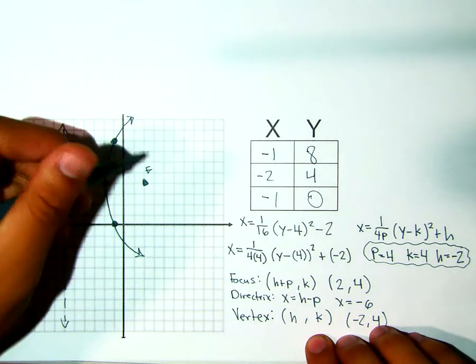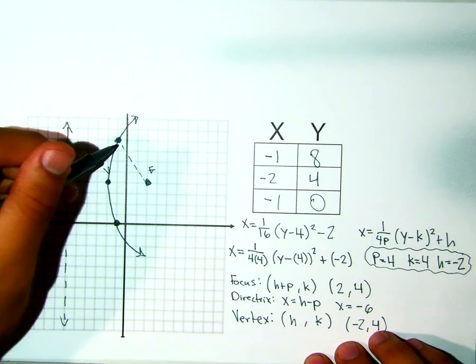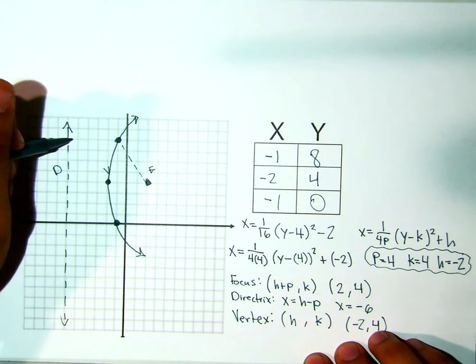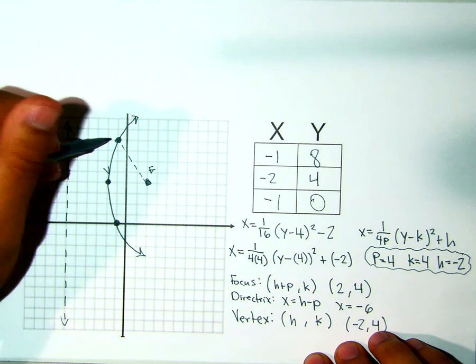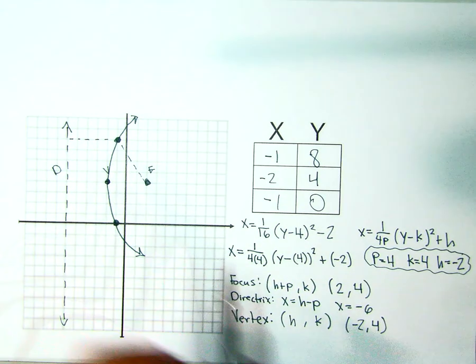And if we look at the distance based off our definition, the distance from the focus to the parabola and the directrix to the parabola will be the same. These are equal to each other.